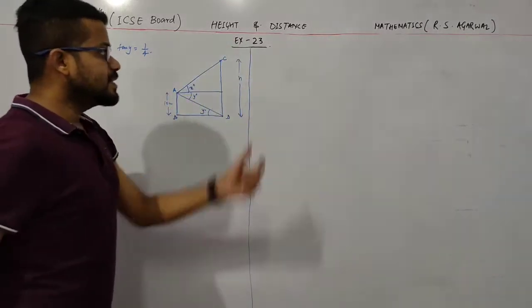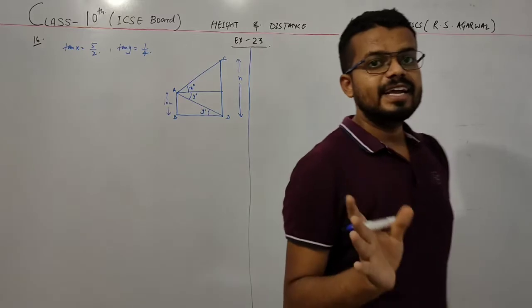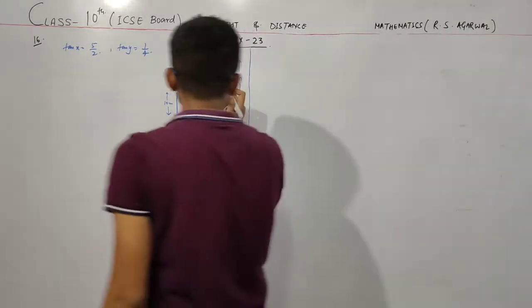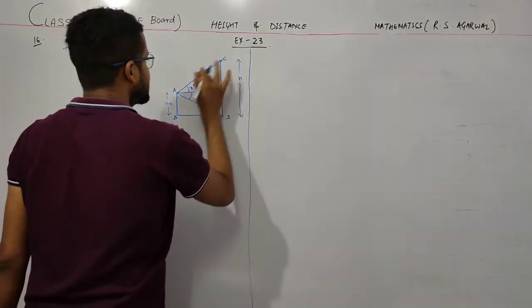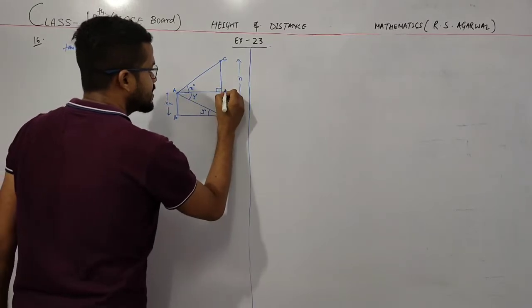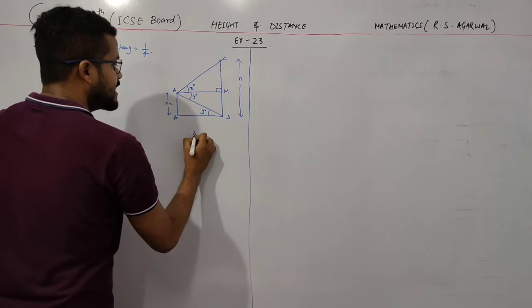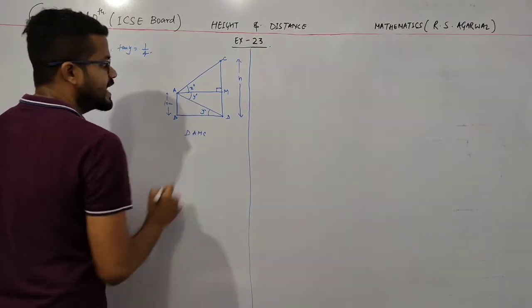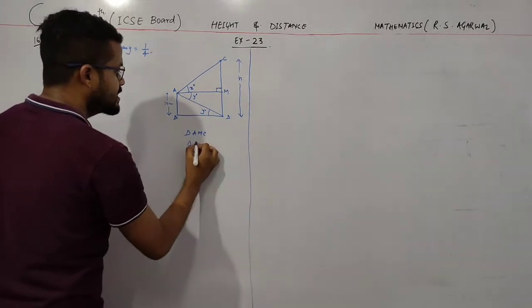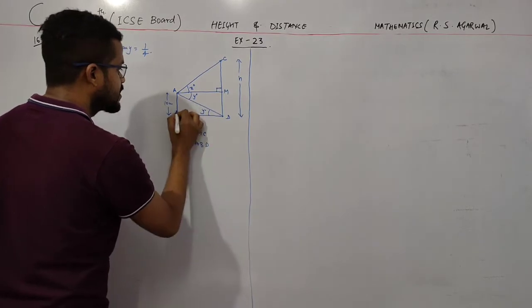In this chapter we always deal with right angle triangles. Here there are two right angle triangles. Let us take this point as M. The first triangle is AMC, a right angle triangle, and the second one is ABD.